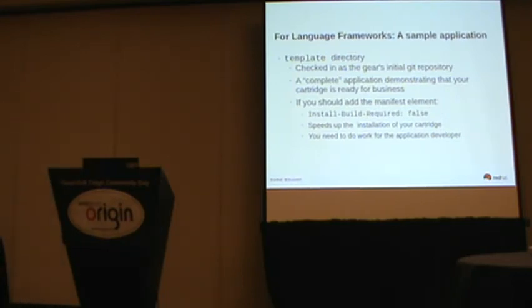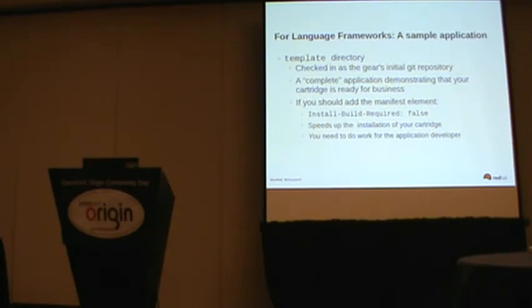You wrote this great new cartridge. It's on some great new framework. Everybody loves it. How do they know they love it? Because you gave them a sample application. The idea here is that we have a template directory, which is going to be the initial Git repository when the user creates their Git.